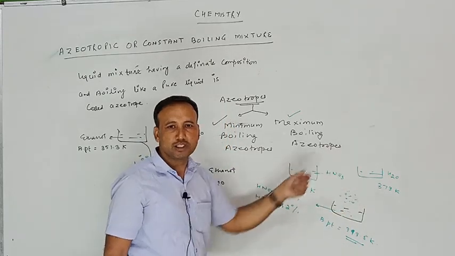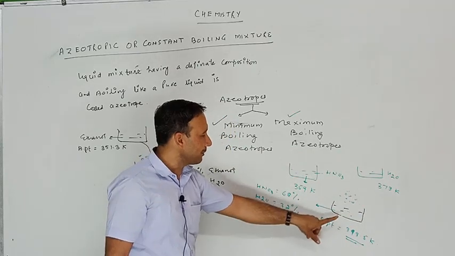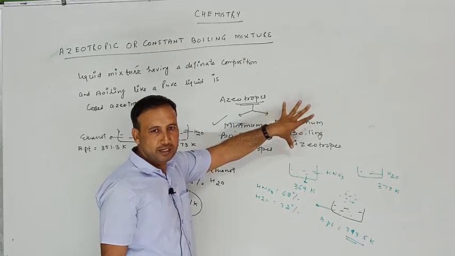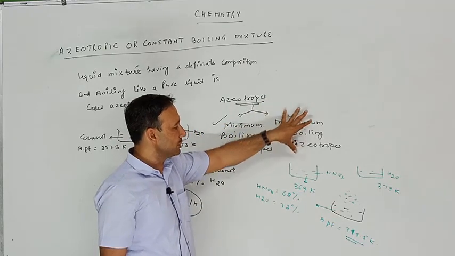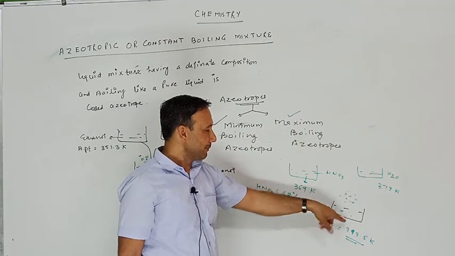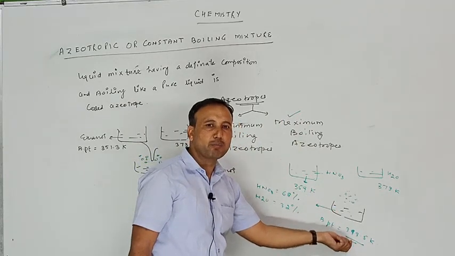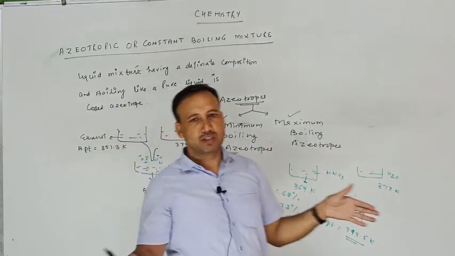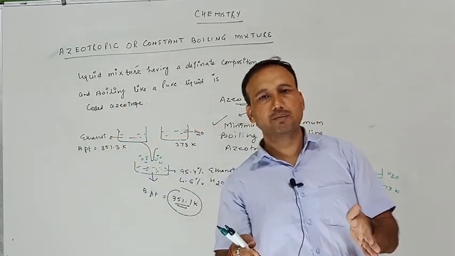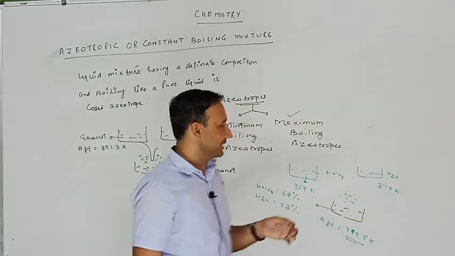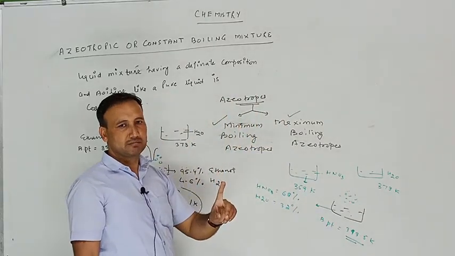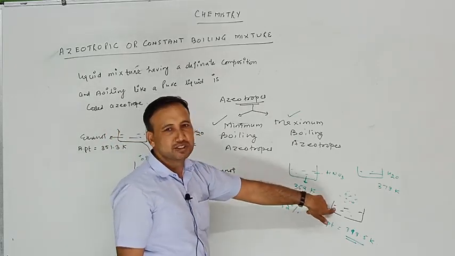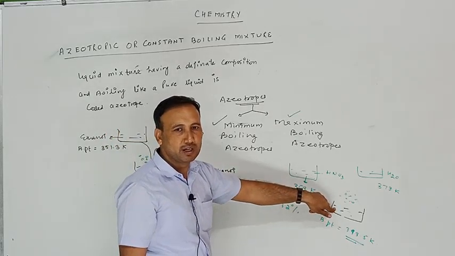So this is known as a maximum boiling azeotrope, because after mixing the intermolecular forces between the liquid components increase, and at a definite composition the liquid mixture will boil like a pure liquid.